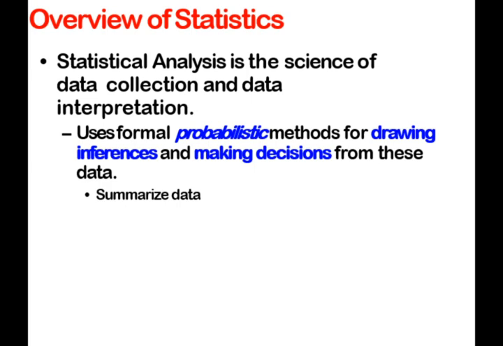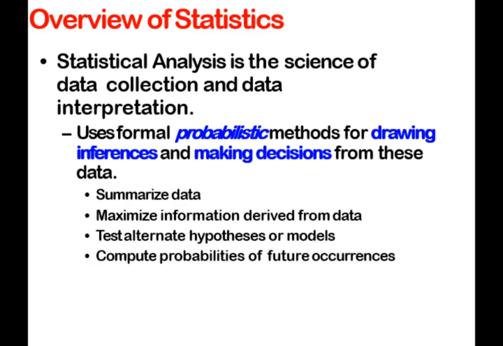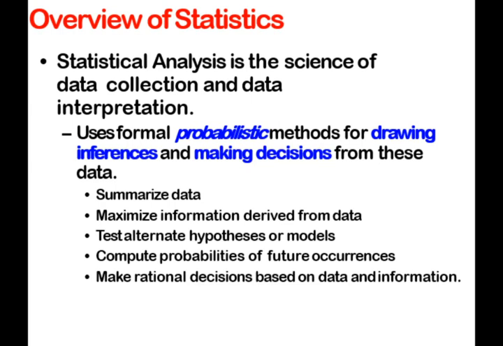Essentially, the steps you want to take in a statistical analysis are to summarize data, to maximize the information derived from your data, to test alternative hypotheses or models to see whether you can actually nullify them, to say they are not valid, and then compute the probabilities of future occurrences. And finally, to make rational decisions based on the data and information.